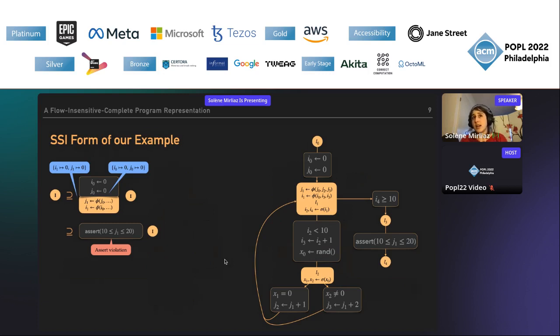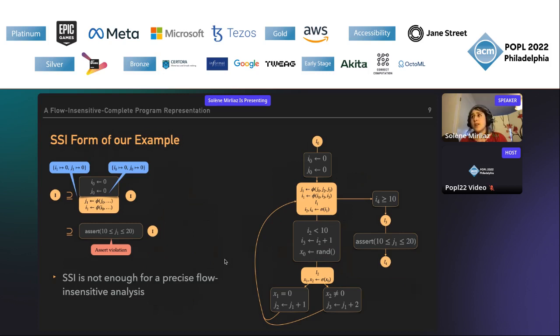And here you can see how the assertion will be violated if I do a flow-insensitive analysis, despite being in SSI form. So this representation is still not enough because here I'm trying to have a relational property between I and J. And SSI is made for non-relational invariants because I'm only tracking the information for one variable instead of a set of variables. So we need more than SSI.